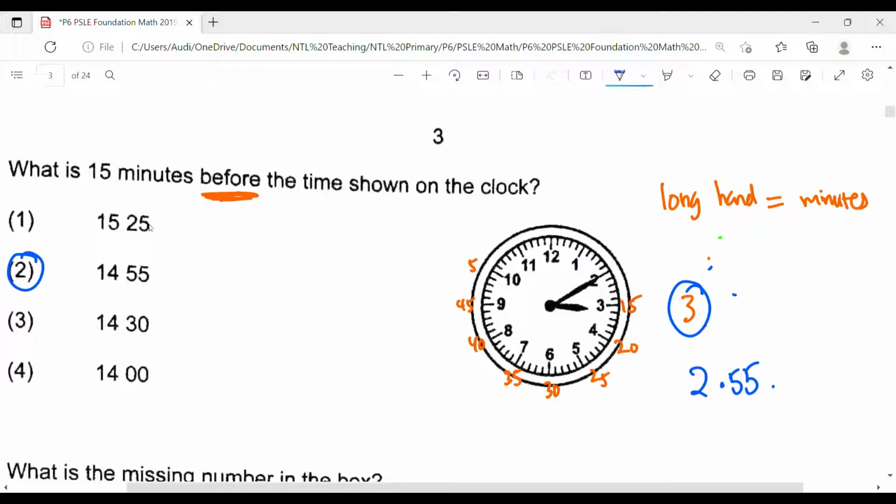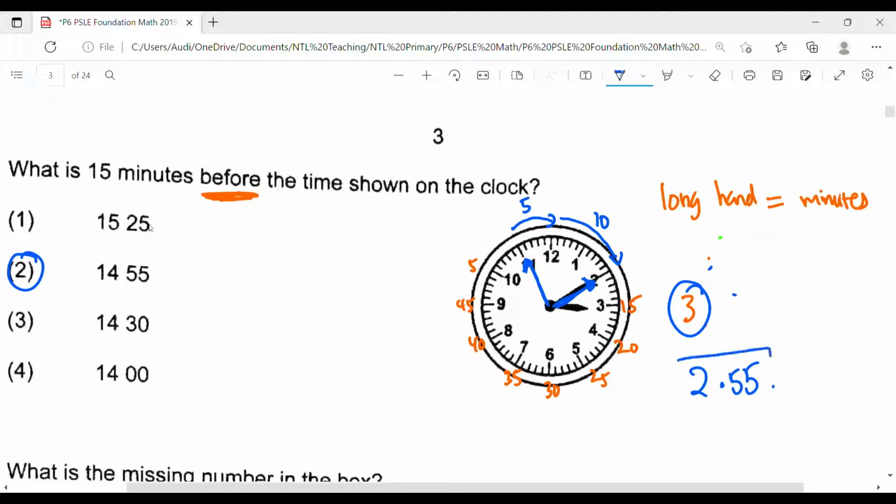Now, according to our calculations, it's 2:55. So it's here, right? If you add 15 minutes, we go 5 minutes here, 10 minutes here, and we end up at the original spot, which is here. Okay? So our answer is correct.